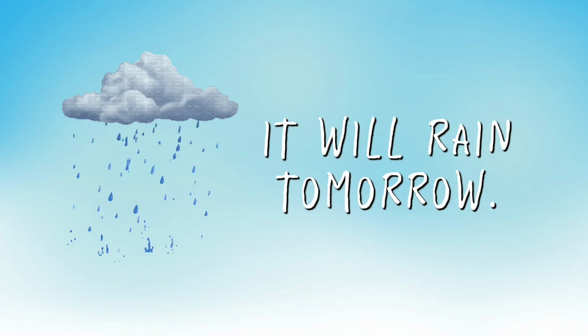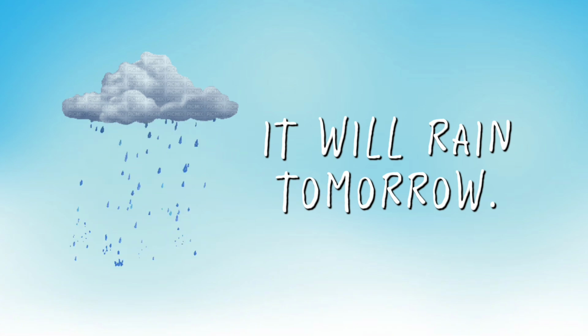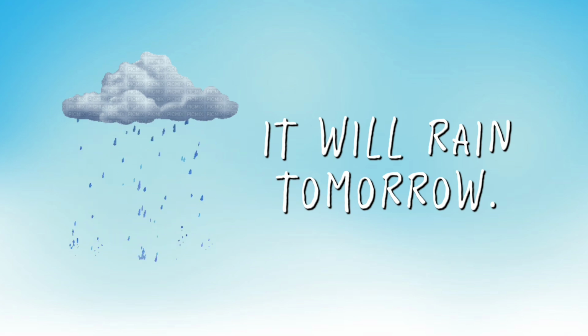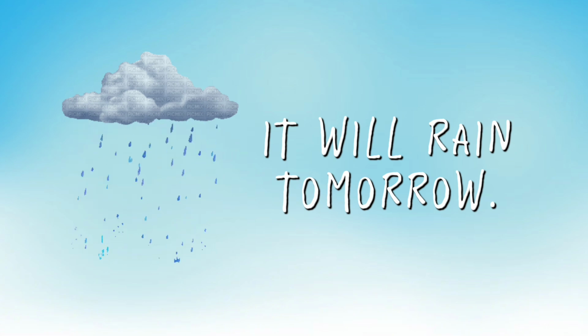For example, it will rain tomorrow. The phrase will rain uses the simple future tense to predict an event that has not yet happened. The word tomorrow specifies the time in the future when this prediction is expected to occur.